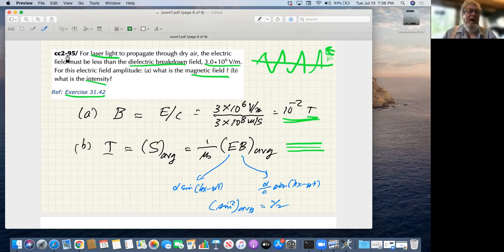In fact, I think the odd number problems, the answers are in the back of the book. So you might be able to look up the answer in the back of the book because this is an odd numbered problem. But anyway, that's why you need for the exam an equation sheet with a good set of equations.